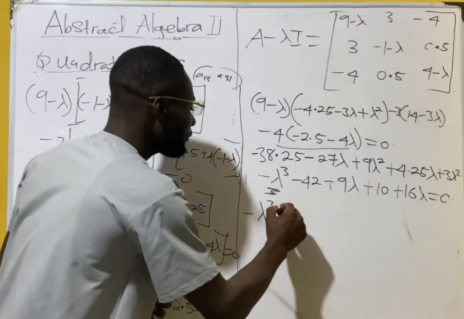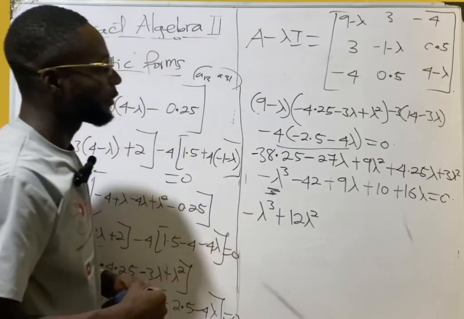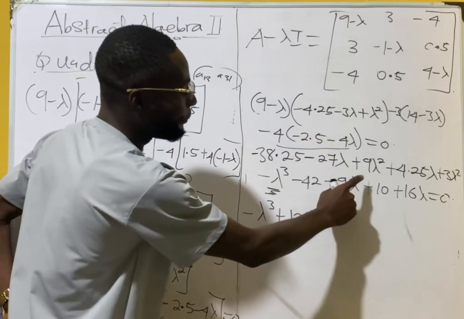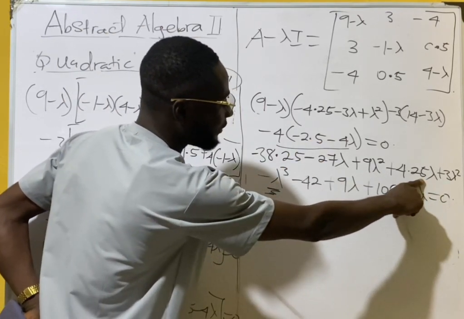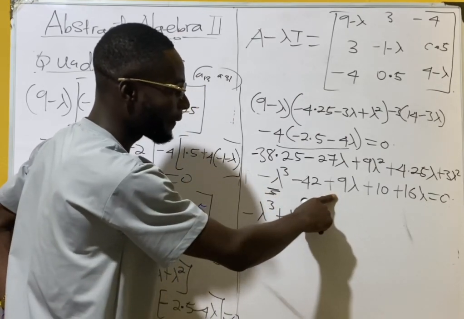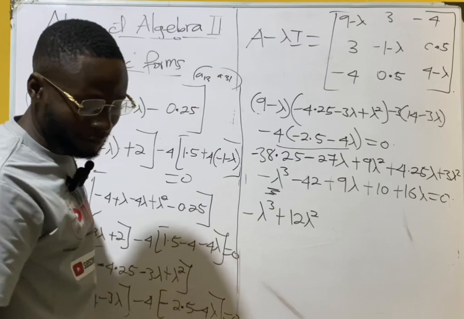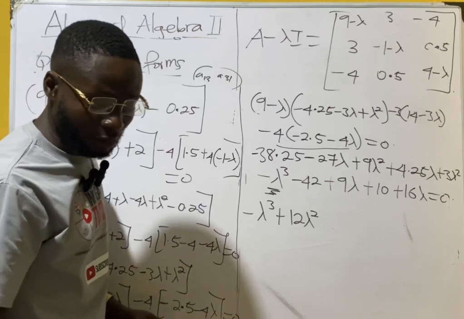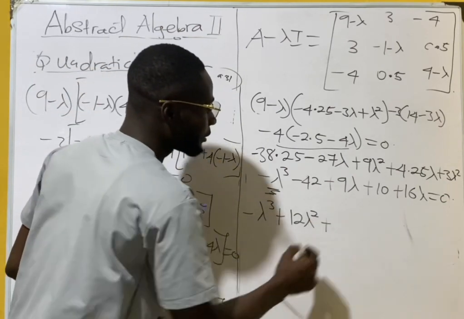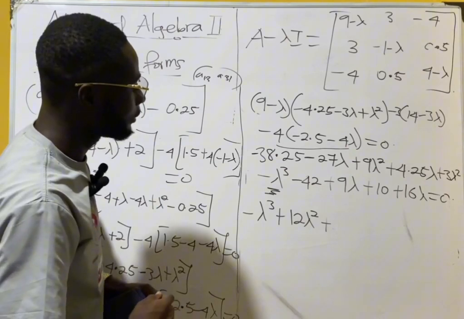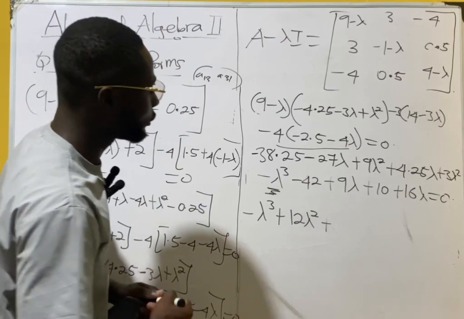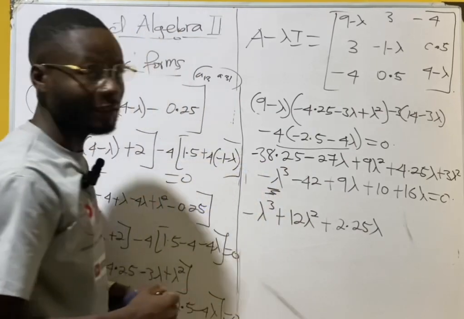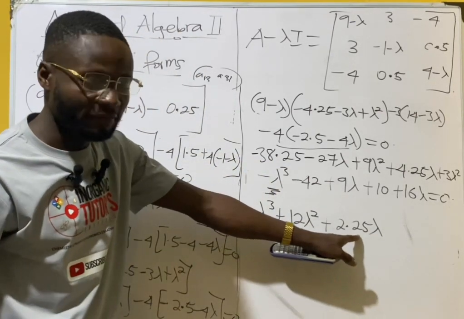So we have plus 12 lambda squared, minus 27 lambda plus 4.25 lambda plus 9 lambda plus 16 lambda becomes plus 2.25 lambda, right?